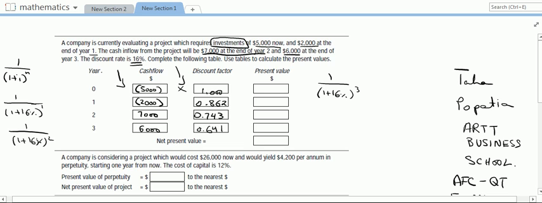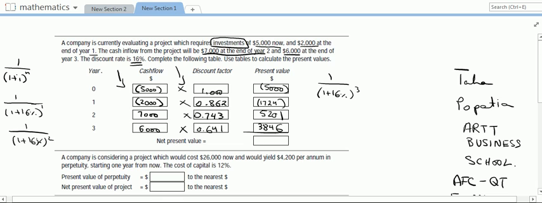Now if I multiply negative 5,000 by 1, it will be negative 5,000. Negative 2,000 multiplied by 0.862, 1724. 7,000 multiplied by 0.743, 5201. 6,000 multiplied by 0.641, 3846.